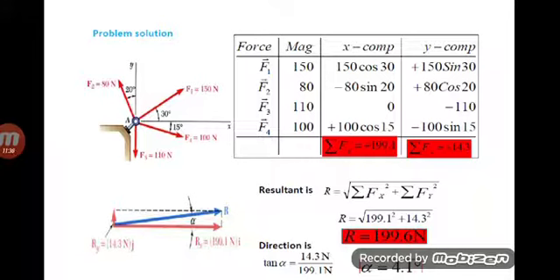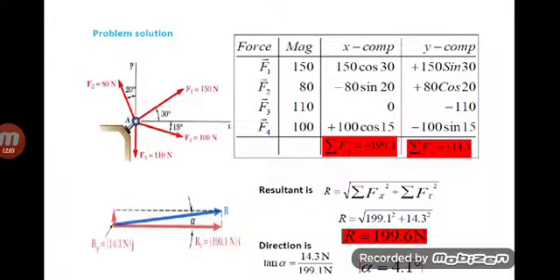So how to find the resultant R? The resultant R is the square root of summation of Fx squared plus summation of Fy squared. And where that resultant R is acting, if you want to find that, tan alpha equals summation of Fy divided by summation of Fx, because tan theta equals opposite by adjacent.